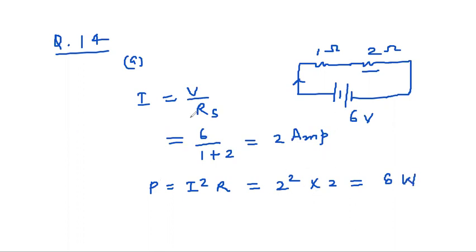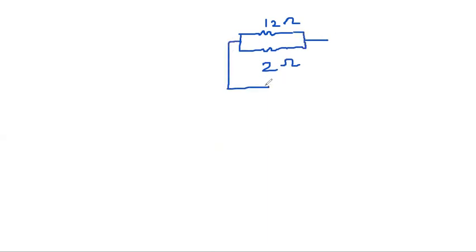Now consider second case. In second case, we are given 12 ohm resistor and 2 ohm resistor in parallel, and then there is battery of 4 volt. So here we have to find out the power across 2 ohm resistor.